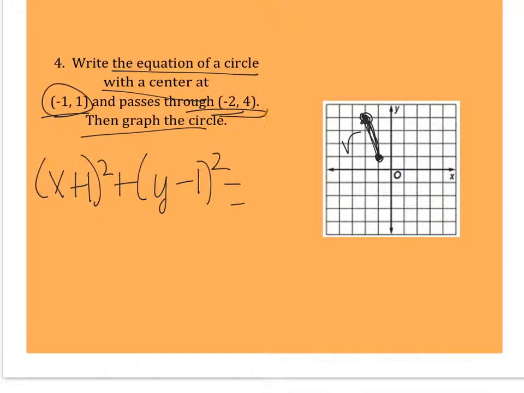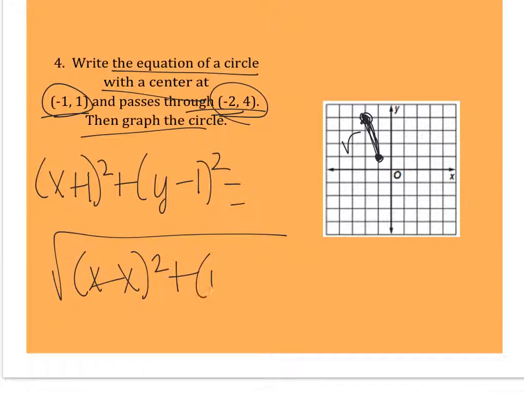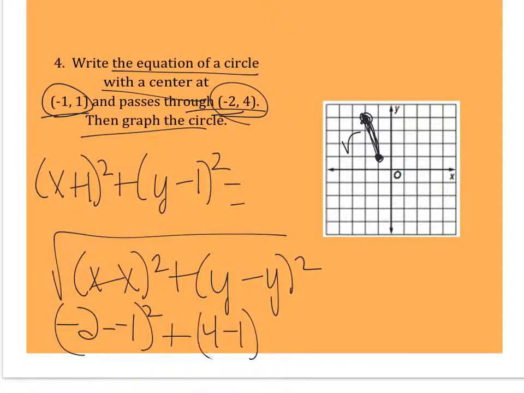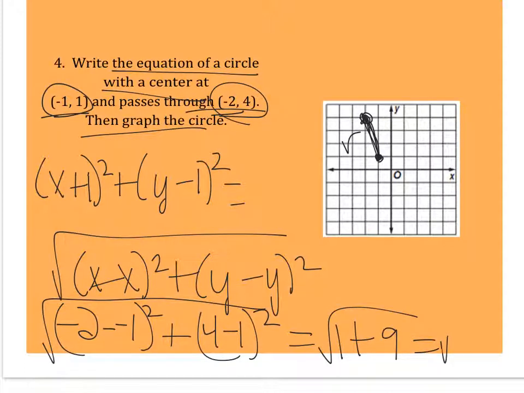Because that's going to be my radius. So distance formula, hey, that never goes away. You saw it in algebra, you saw it again in geometry. So distance becomes the square root of (x minus x) squared plus (y minus y) squared. So it's going to be -2 minus -1, squared, plus 4 minus 1, squared. Square root that, so that becomes 1 plus 9, so it becomes square root of 10.